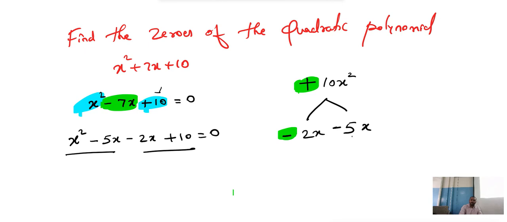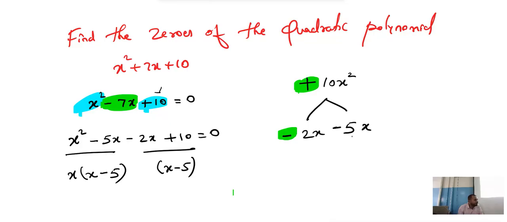Now again pairing. In this both, what is common? x. x into x, x square, minus x into 5, 5x. Now, whatever we get in the bracket, we have to write as it is. This is the logic.